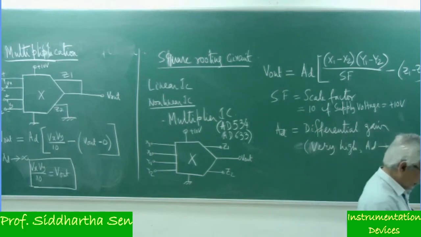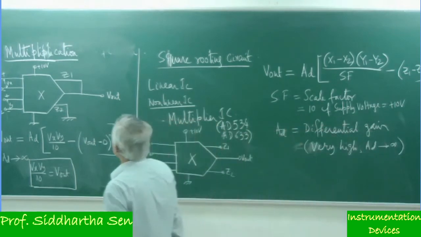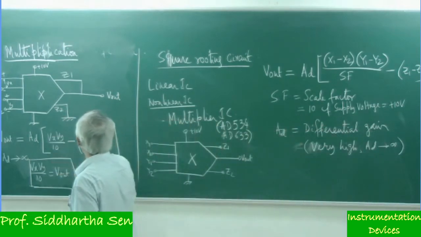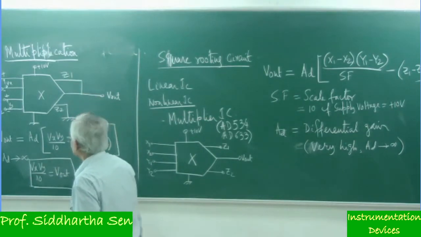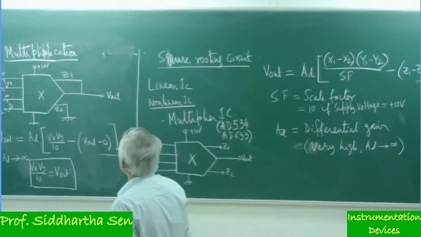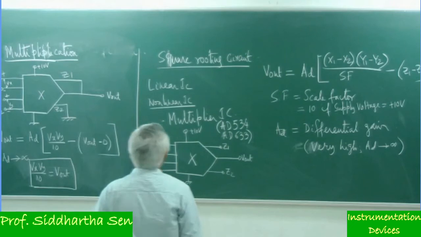I am not going into that here. I leave it to you to find out, or just think of how we can divide two signals. I can make it a multiplication, and whether I can do division also, I leave it to you.